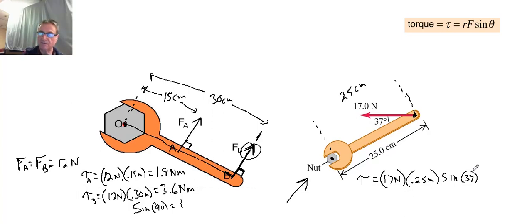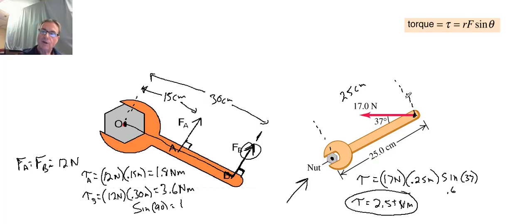The sine of 37 degrees is about 0.6, and we multiply that by 17 and then by 0.25, I'm sorry, and we get a torque equal to about 2.55 Newton meters. So 2.55 Newton meters.